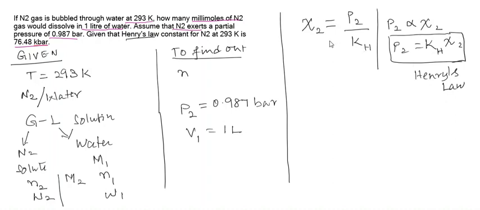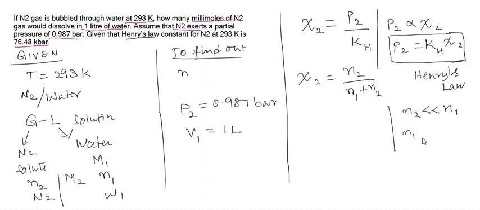We rearrange this. And chi2, what do you understand from this chi2? Chi2 is nothing but number of moles of solute divided by number of moles of solution, is it not? So total number of moles, let us say N1 plus N2, where N1 is the number of moles of solvent, N2 is the number of moles of solute. Here compared to N1, N2 is much less than N1.